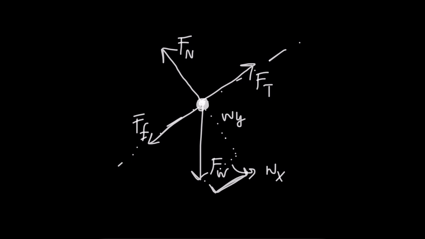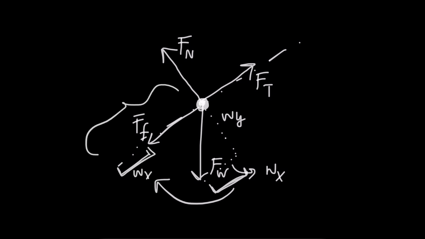If we add this on here, this would make this entire length overly long, and hence it would not be at constant speed, because an object at constant speed and an object at rest will always have a net force of 0. And in this case, it won't have a net force of 0.